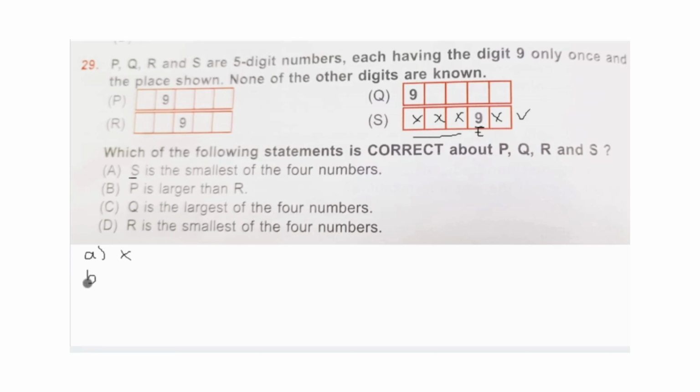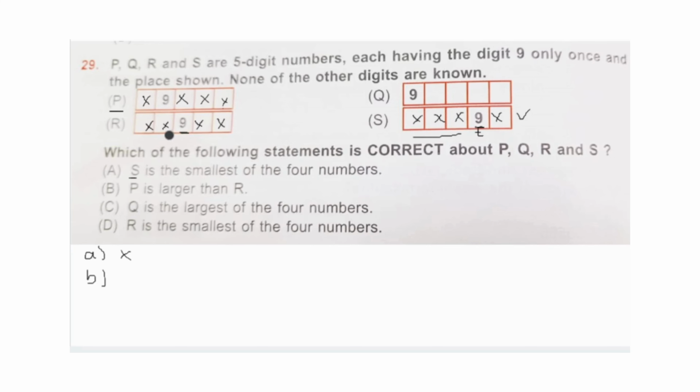Let's see option B. P is larger than R. So P has 9 at the thousands place, and the other positions are X, X, X, and X: ones, tens, hundreds, thousands. And for R, the other number, let's write X here, and 9 is at the hundreds place.